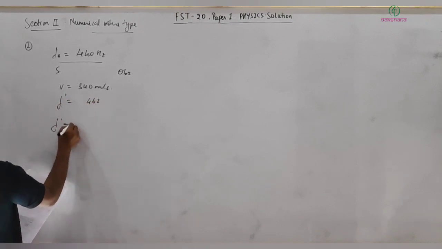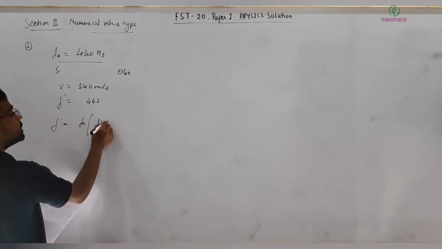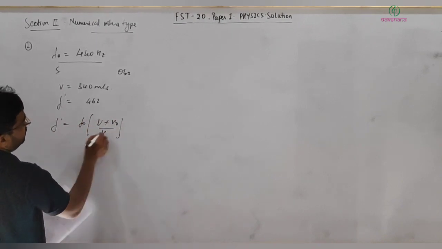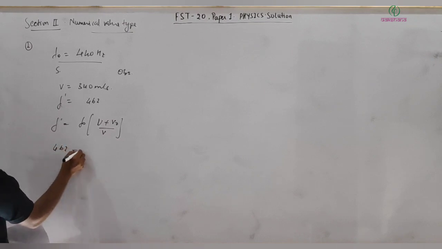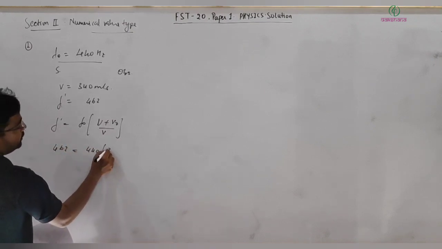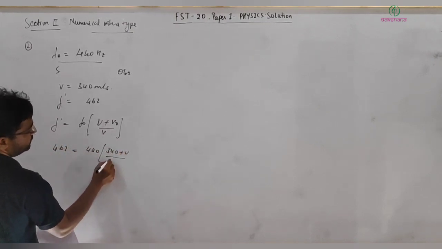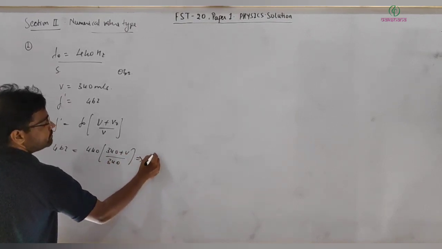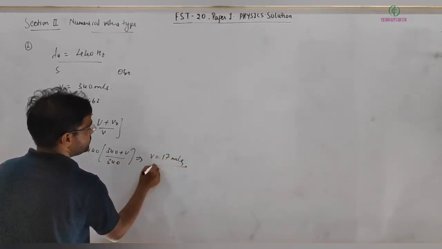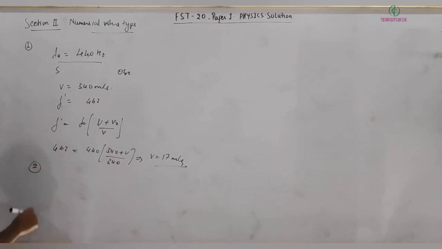So f prime equals f naught into (v plus v observer) divided by v, and 462 equals 440 into (340 plus V) divided by 340. Solving this, we get 17 meter per second. It's a straightforward problem.